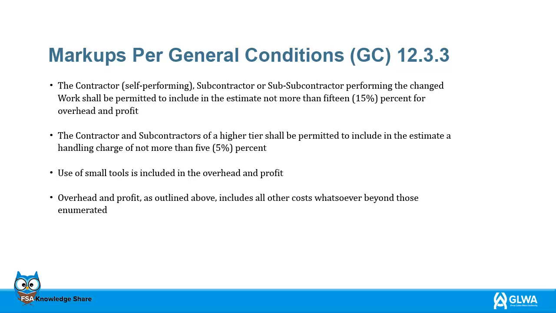The contractor and subcontractors of a higher tier shall be permitted to include in the estimate a handling charge of not more than 5%. Use of small tools is included in the overhead and profit. Overhead and profit, as outlined above, includes all other costs whatsoever beyond those enumerated.